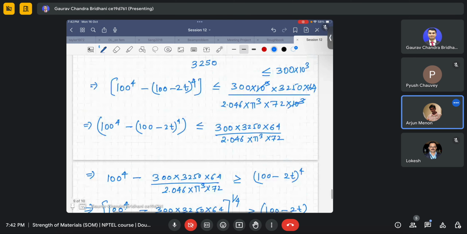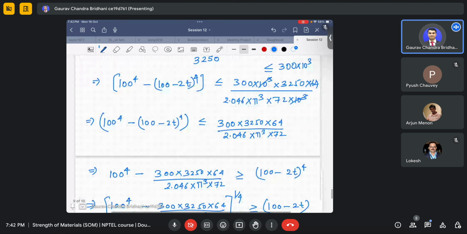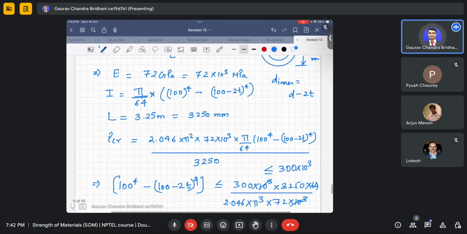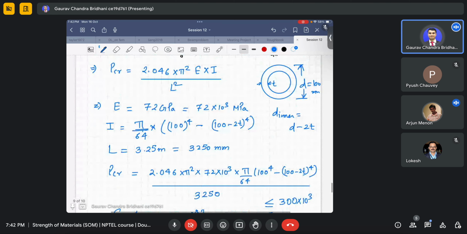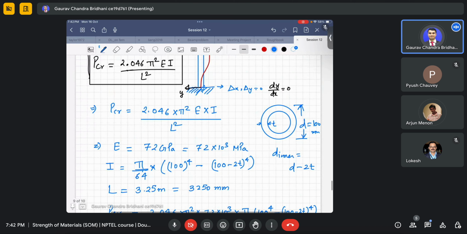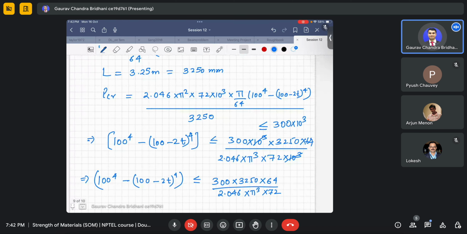Okay, no, wait, but that doesn't serve our purpose. It should not be that near to 100, because every other unit is in mm. We are all putting units in mm. 3250 is in mm, and this is also in mm. Okay, I think we have used the factor of safety correctly. Yeah, that is correct.